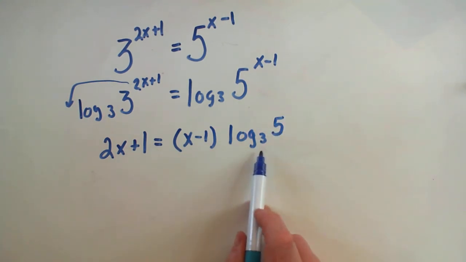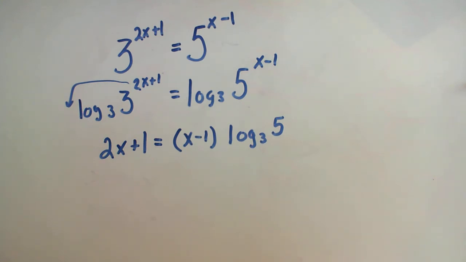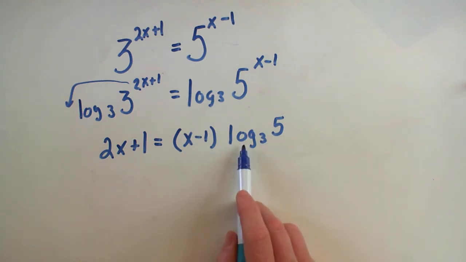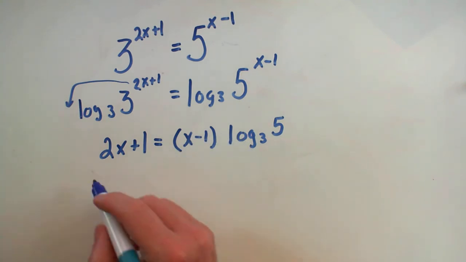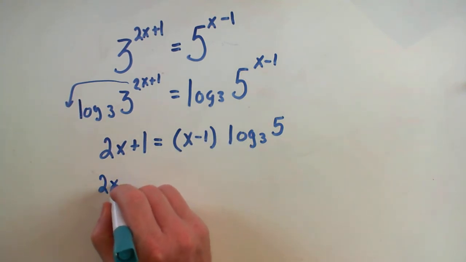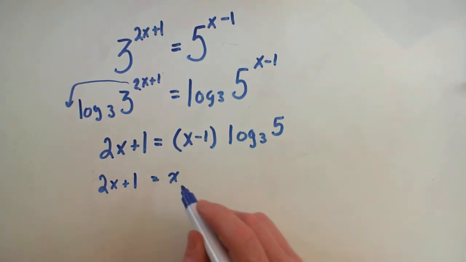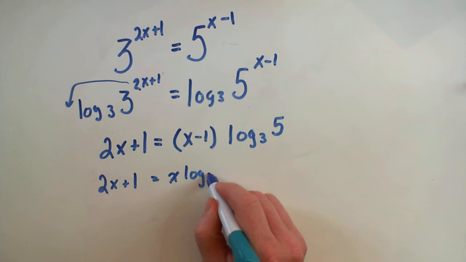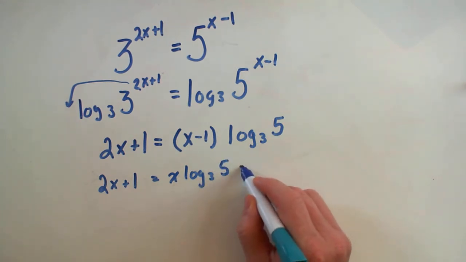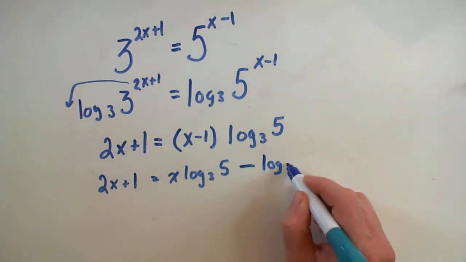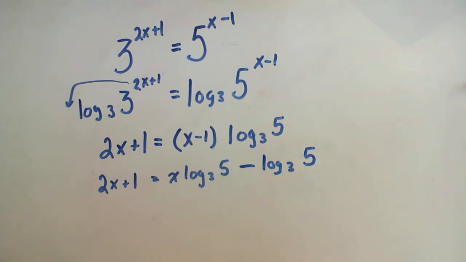This log base 3 of 5, that's just a number. We don't know exactly what the number is, but it's a number. So I'm going to distribute it. That'll give me 2x plus 1 equals x log base 3 of 5 minus log base 3 of 5.